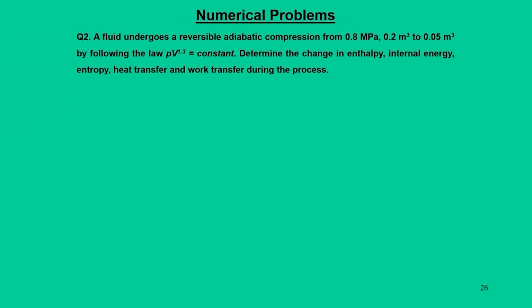Now, in the next problem we will talk about the definitions of different thermodynamic properties for an adiabatic process. The problem statement goes that a fluid undergoes a reversible adiabatic compression from an initial state of 0.8 megapascal, with initial volume 0.2 and final volume 0.05 meter cube, and it follows a law PV to the power 1.3 is constant.